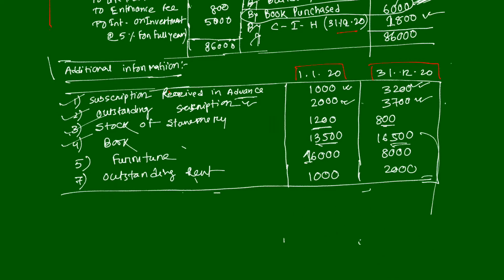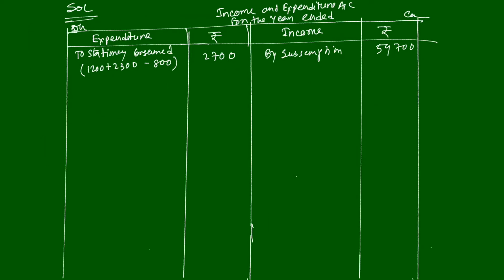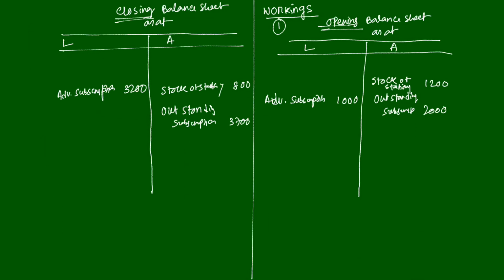This thing will be calculated in your closing balance sheet. Book is 13,500, add purchase is 6,000, total 19,500 less, minus.